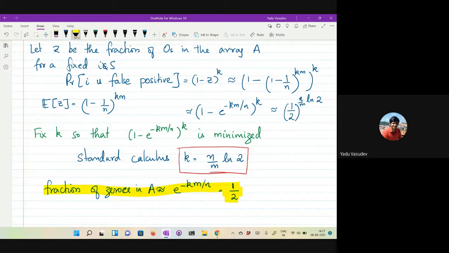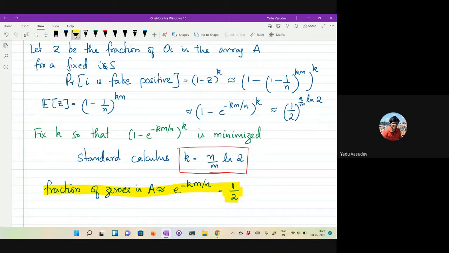So if you had purely random functions, then the best scenario for your Bloom filter, where you have the least false positivity, is when the array looks like a random string.